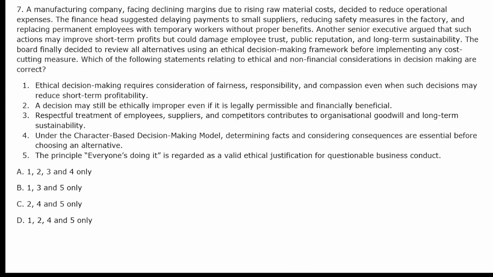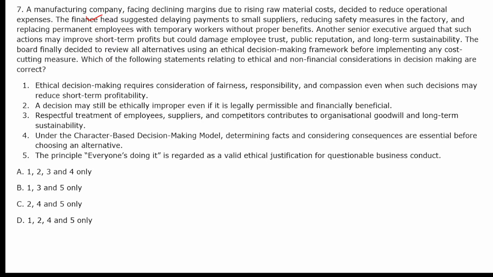Another senior executive argued that such action may improve short-term profits but could damage employee trust, public reputation, and long-term sustainability. The board finally decided to review all alternatives using an ethical decision-making framework before implementing any cost-cutting measures. Which of the following statements relating to ethical and non-financial considerations in decision making are correct?